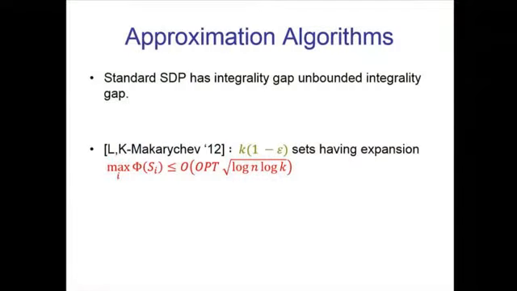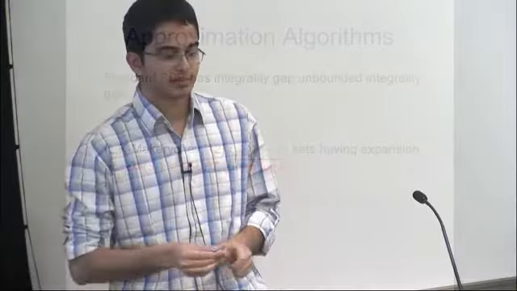Okay. So you can also ask this computational question: given a parameter k, I want to find the best k-partition so as to minimize the maximum expansion. This can be thought of as an extension of the sparsest cut problem. This is actually a very tricky problem, because any of the standard SDP formulations that you try can have an unbounded integrality gap.